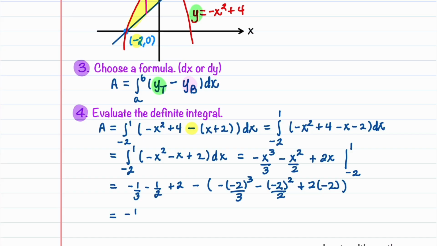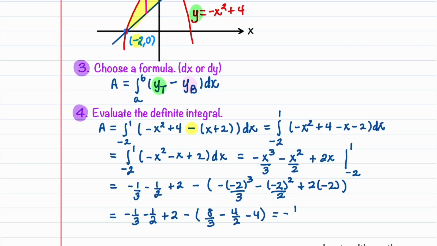This is minus 1/3 minus 1/2 plus 2 minus, we have minus 2 cubed, which is minus 8, multiplied by a minus 1. So this is 8 over 3. And then we have a minus 4 over 2, and then a minus 4.